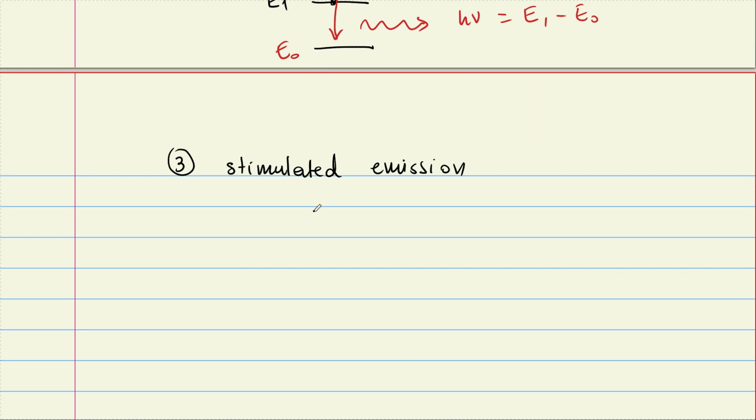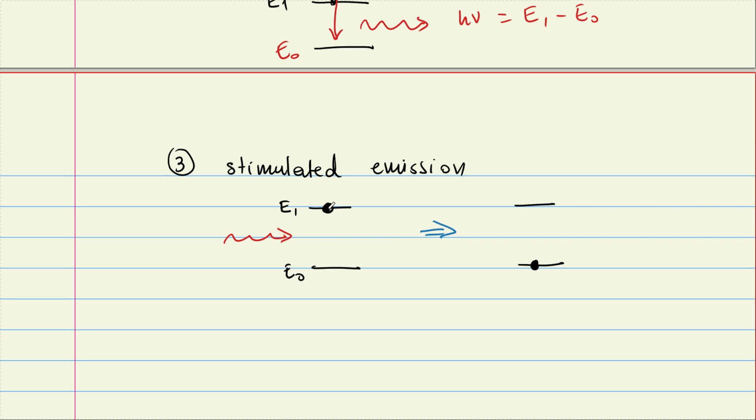So initially, you have this atom. This is E1, this is E naught, and you send radiation, and this gives rise to the same levels. So this guy goes to here.